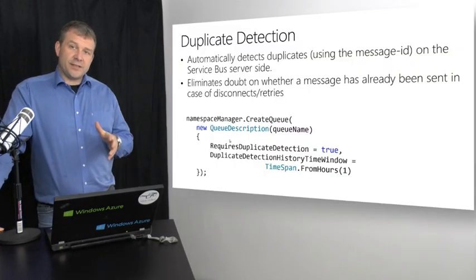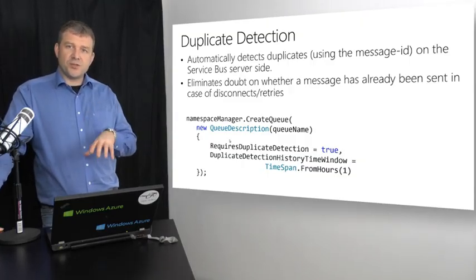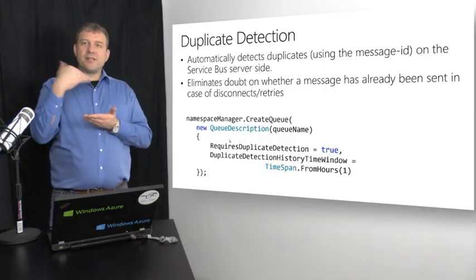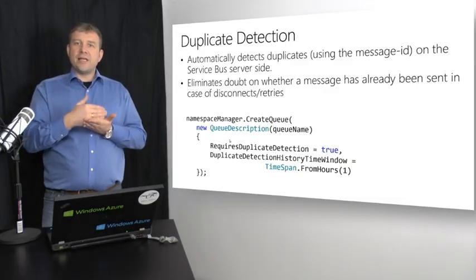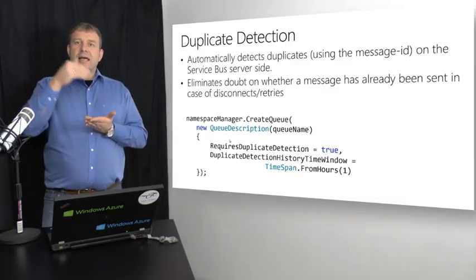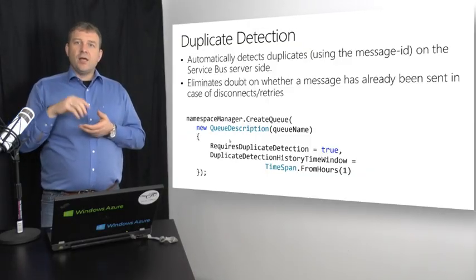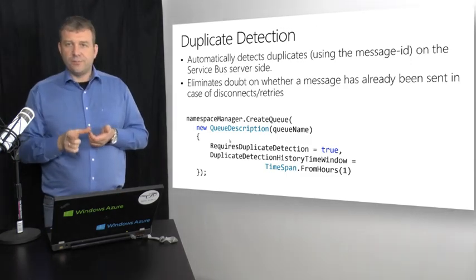Well, with the duplicate detection we have built in, you can actually work against this. You create some notion of idempotency for retries. So you can send a message. You set the message ID to a fixed message ID that you set up. If you send the message again with the same message ID, and it arrives the second time at the broker, we will take the second copy and throw it away. We'll do that during the duplicate detection history time window.